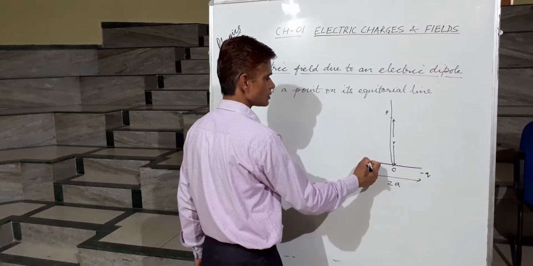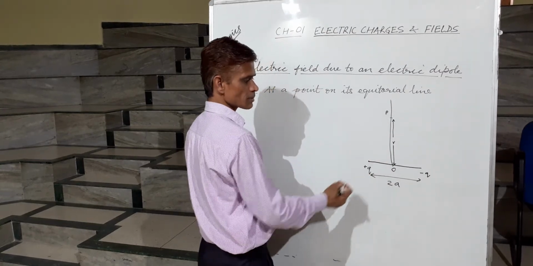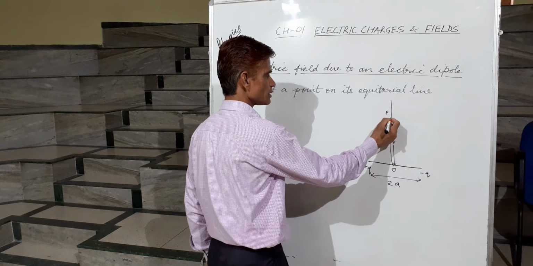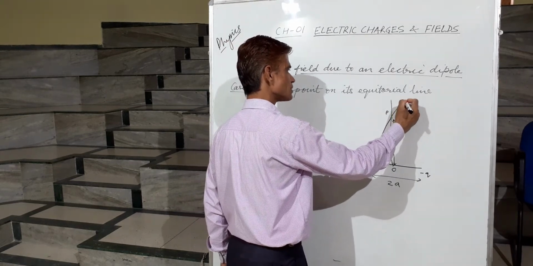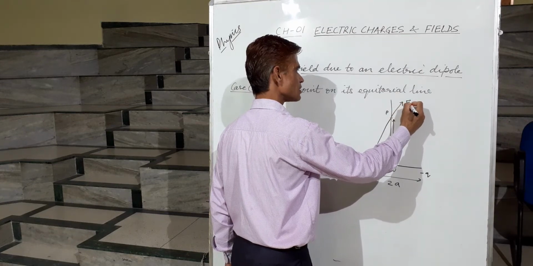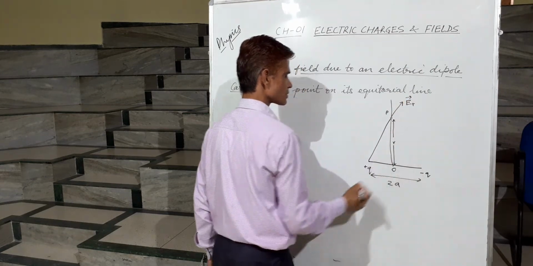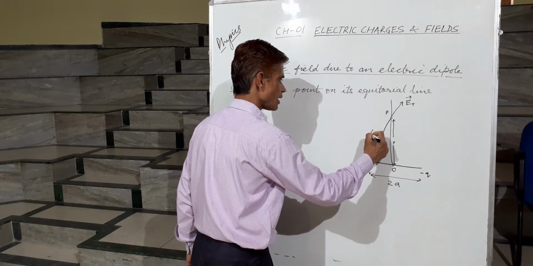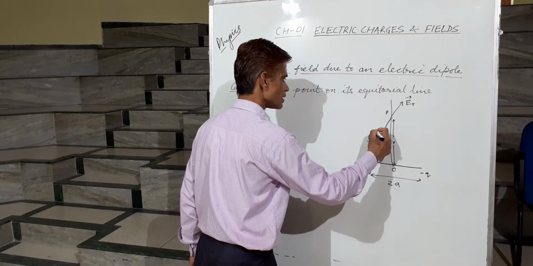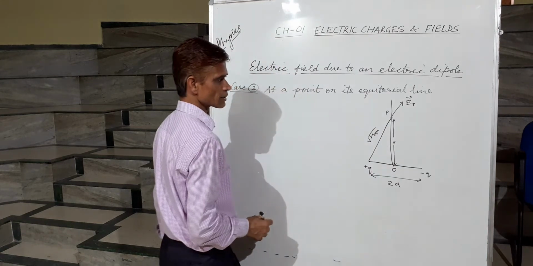So the electric field due to this plus q charge at this point will be radially outward in this direction. Let us represent it by vector E plus. This distance is under root r square plus a square.